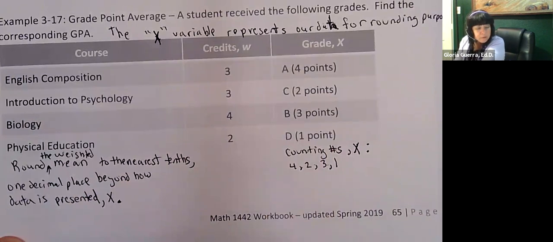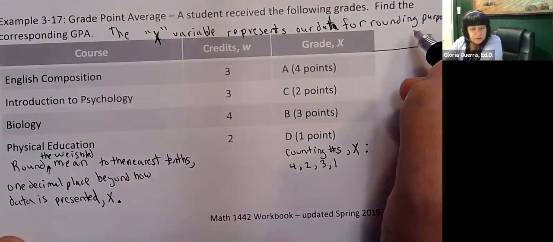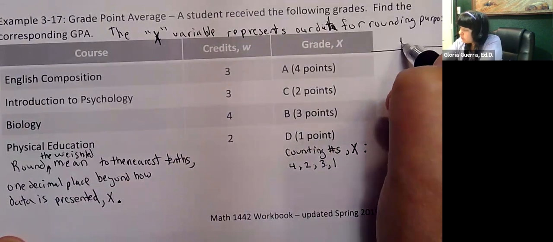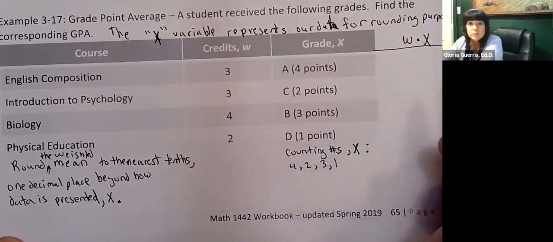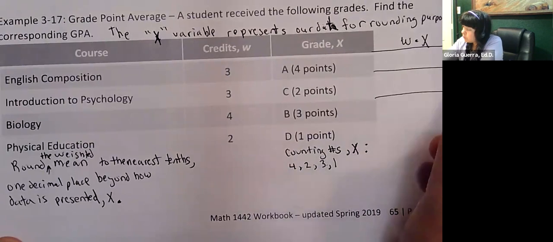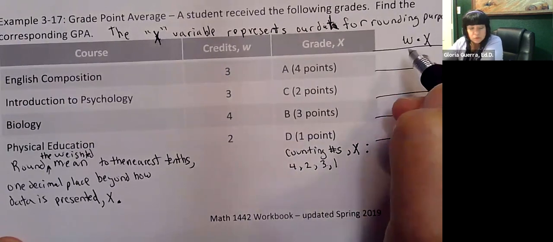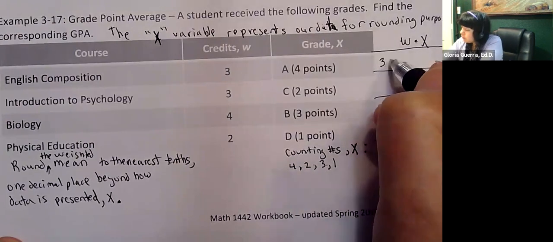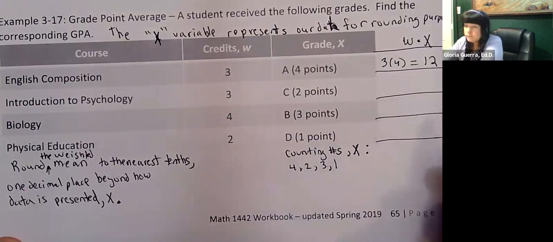And then what we're going to do is add another column over here, W times X. So this is going to be 3 times 4, which is 12.